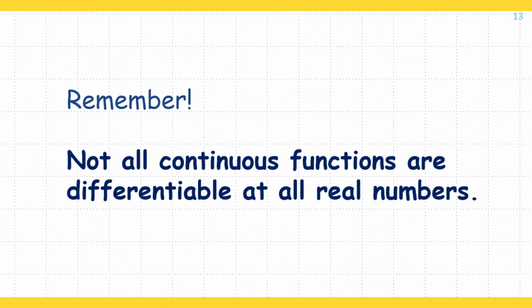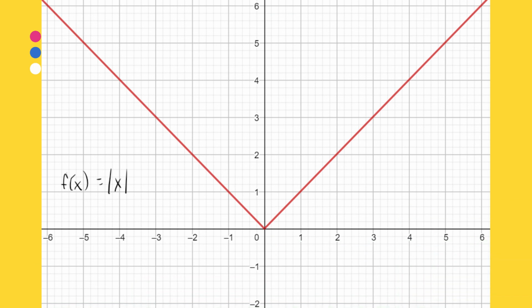Now remember, not all continuous functions are differentiable at all real numbers. For example, we have the function f of x equals the absolute value of x. Graphing the function, it's very clear that at x equals 0, we have a sharp corner.